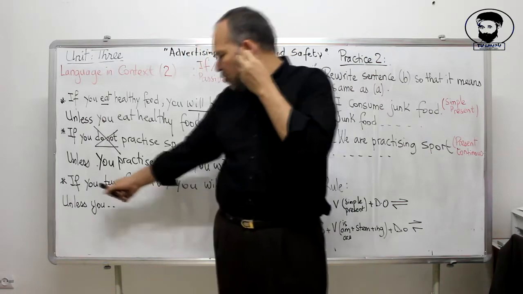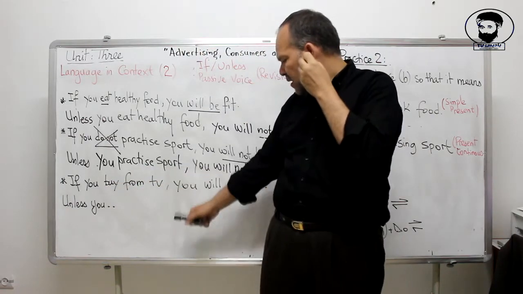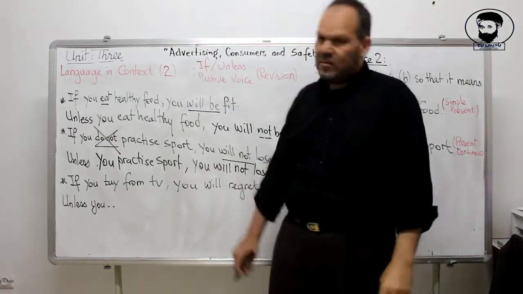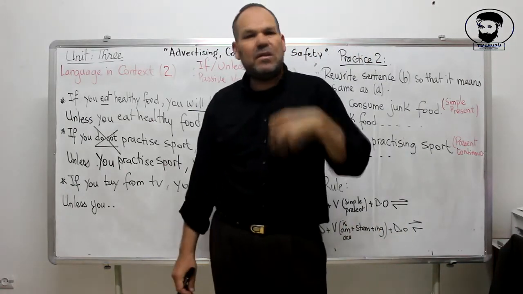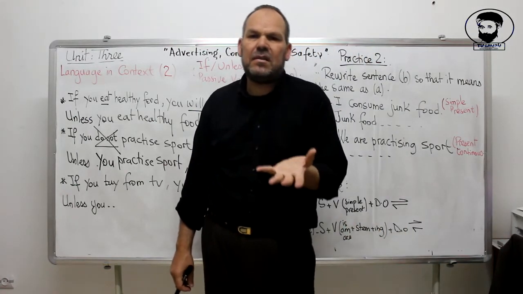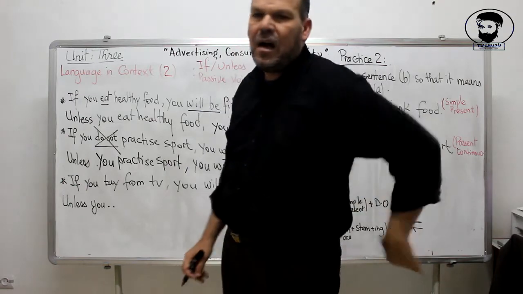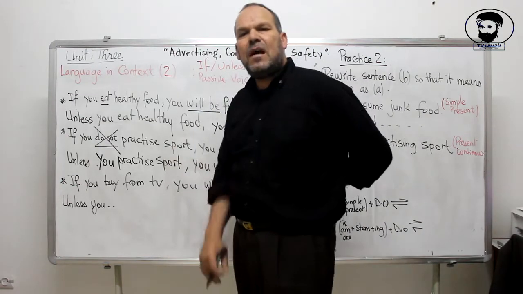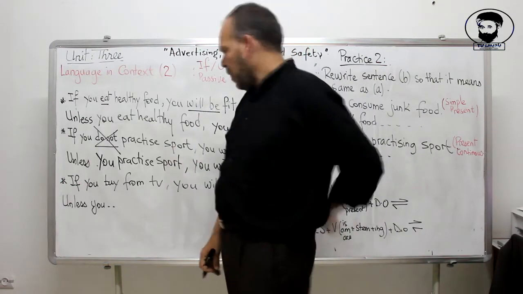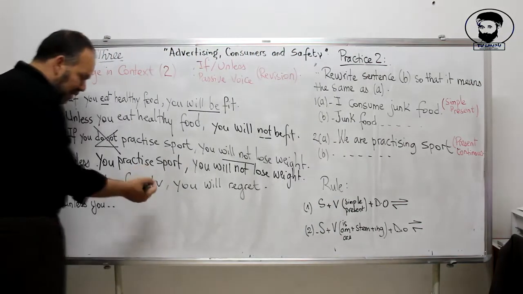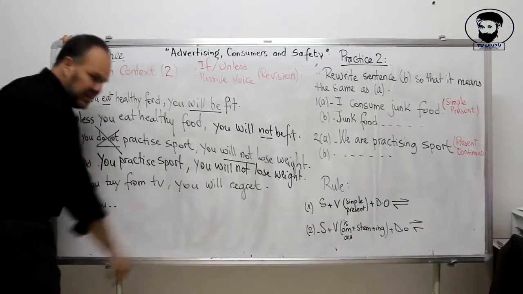So if you buy from TV, you will regret. Be sure that what is seen on TV is not always the reality. They show you something, but they hide the negative sides of this product. So, if you buy from TV, you will regret.